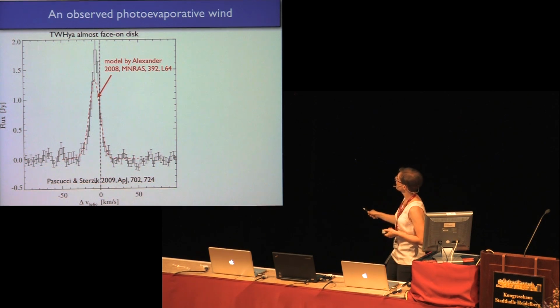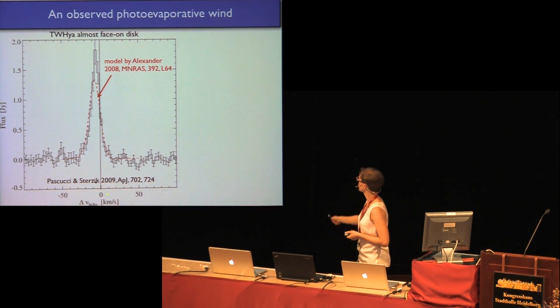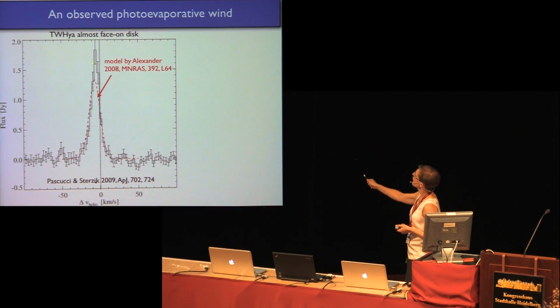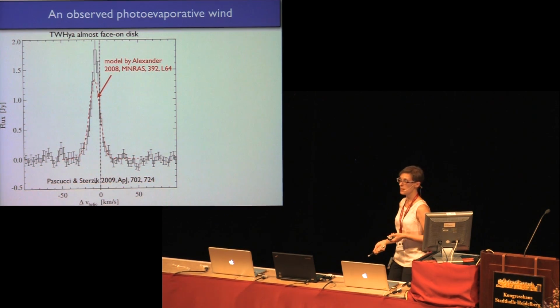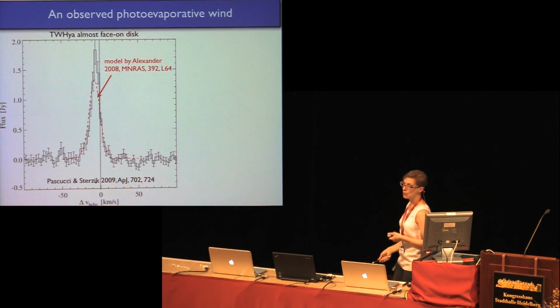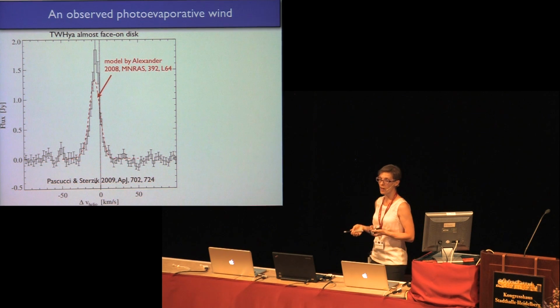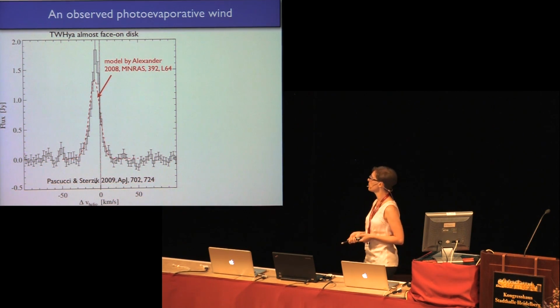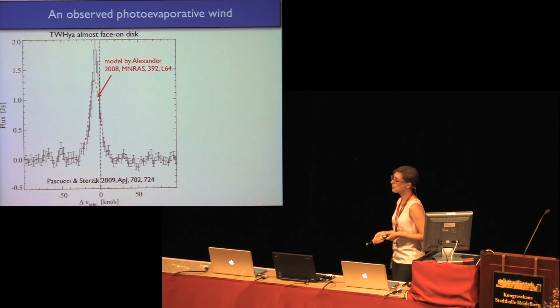You see here, the spectrum is in the stellocentric frame, so that's why here there is V0, and the line is blue shifted, as expected. On top of it, I also overplotted the model prediction for the EUV-driven wind, and I want to point out that this model was made before the observations, and I think it's a pretty good match to the data.